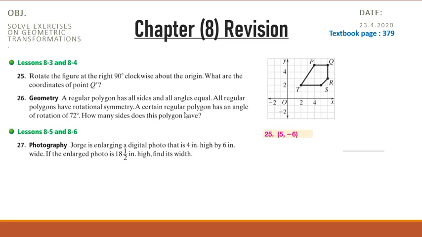Now we have a regular polygon that has an angle of rotational symmetry 72 degrees. How many sides does this polygon have? Think of the square. How can I know that the angle is 90? Of course, I will divide 360 by 4.